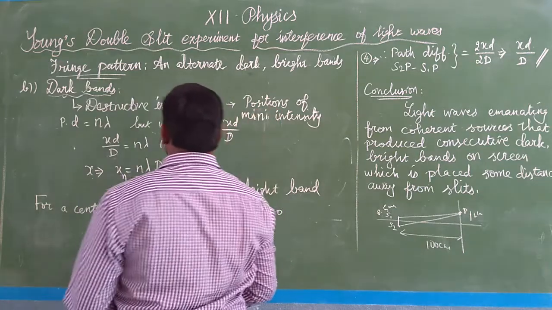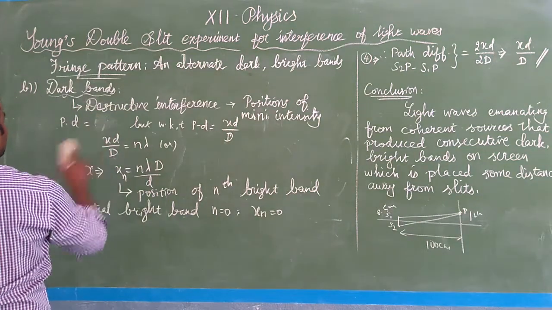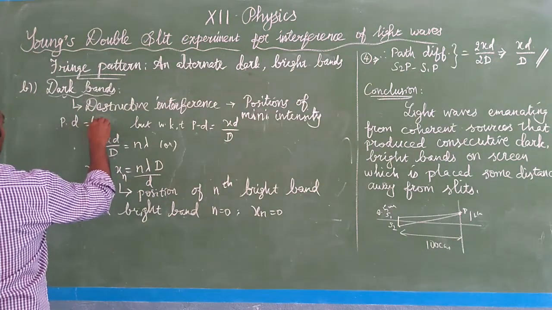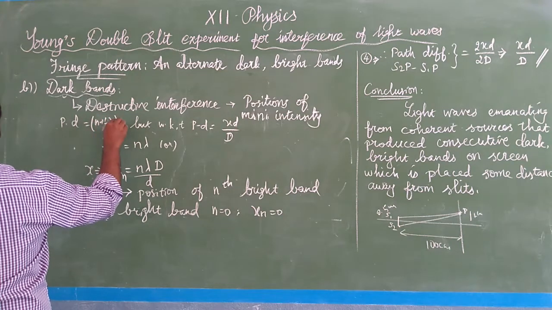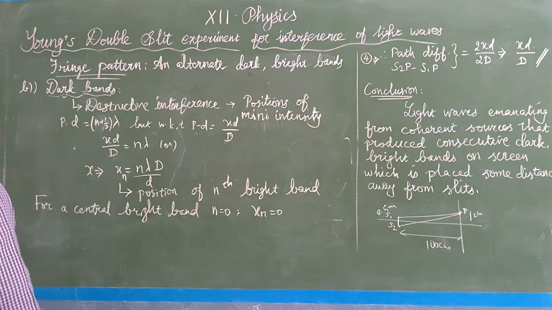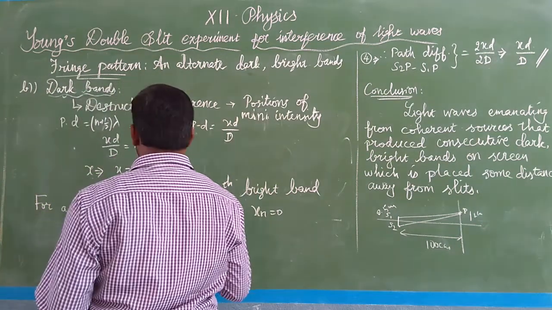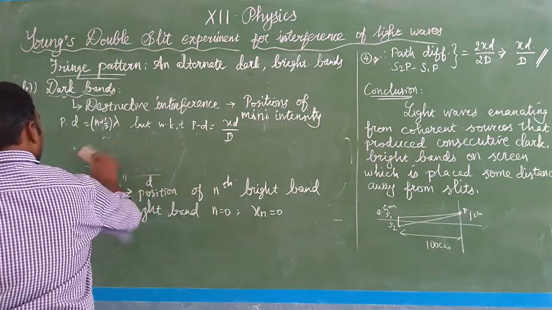What would be the path difference? It is not n lambda, it is n plus 1 by 2 into lambda. And here there is no change, the path difference remains xd by D.